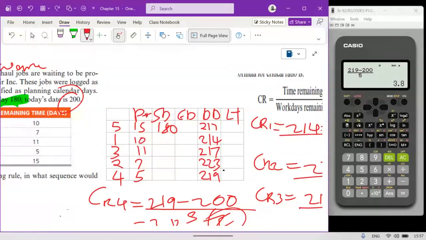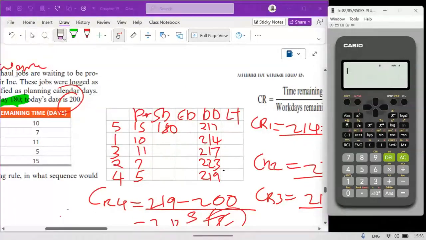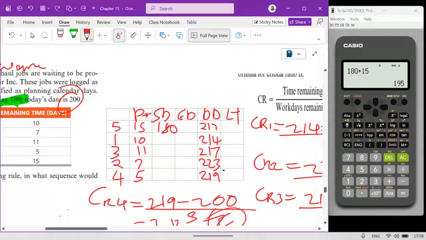Okay, then we are left with little time. This becomes 190, this becomes 189. 180 plus 15, 195.